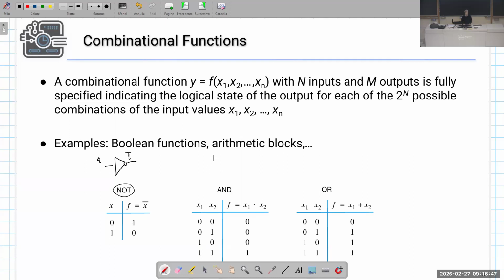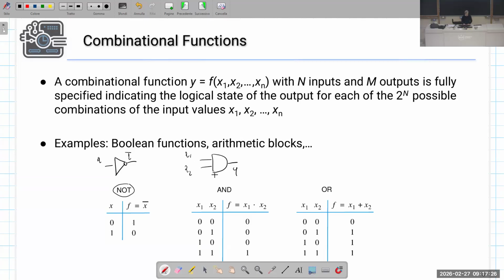If we have a combinational function with more than one input, we have to consider all the inputs and all the combinations of the logical values of the inputs. If we have two inputs, we have to consider four cases, 0 0, 0 1, 1 0, and 1 1, and specify the value of the output for each of these cases. In this specific example, we have two inputs, x1 and x2, and one output, let's call it y.